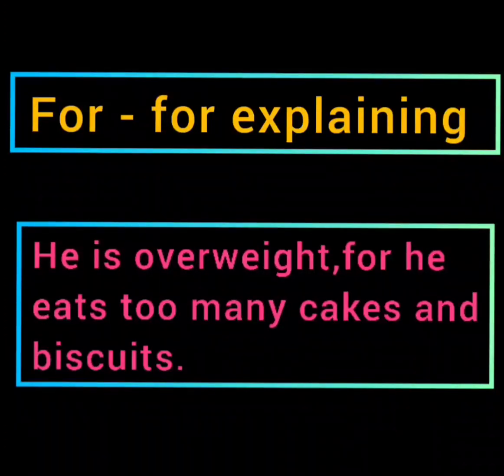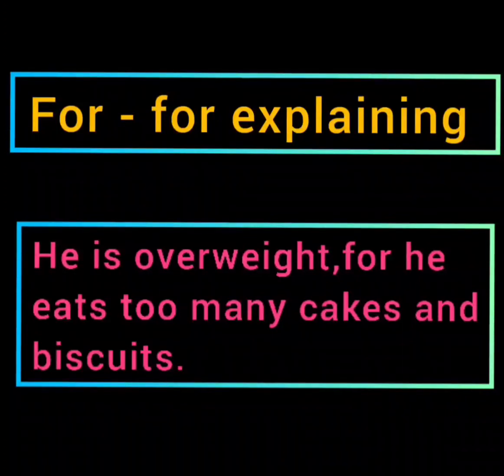But every time I will not be using as and because. That is why I have to use different conjunctions. Okay, so he is overweight for he eats too many cakes and biscuits. Students, this might be confusing for you, but while practicing these sentences, you will easily overcome it.